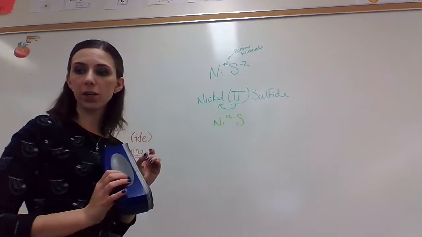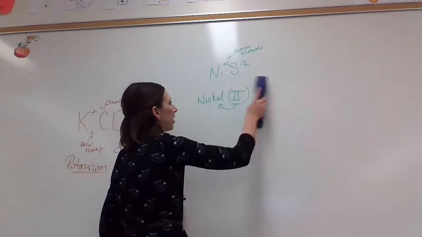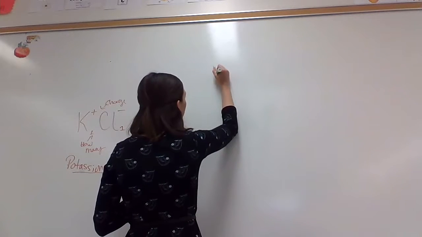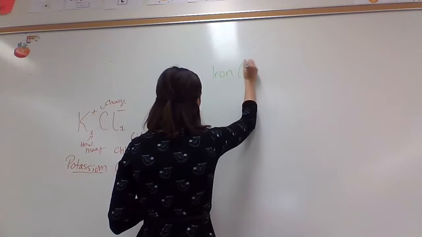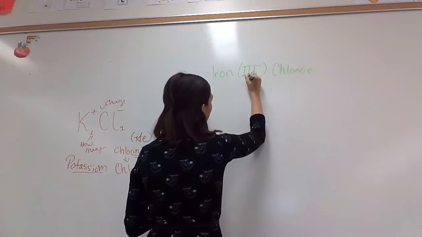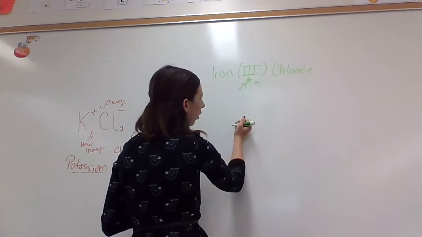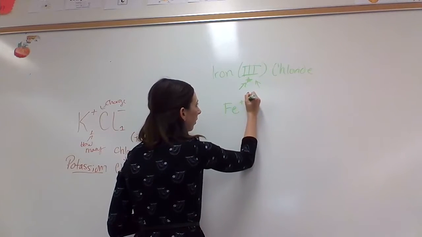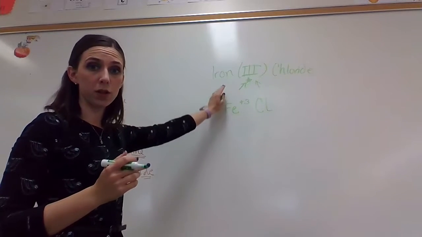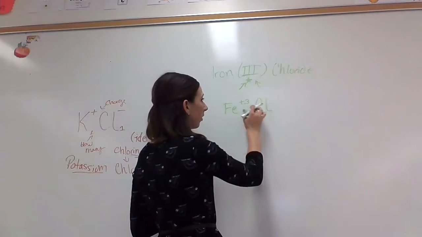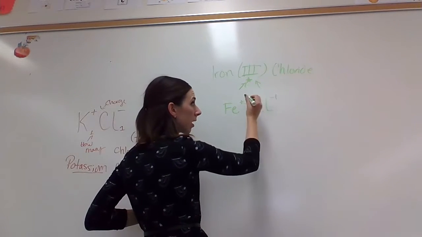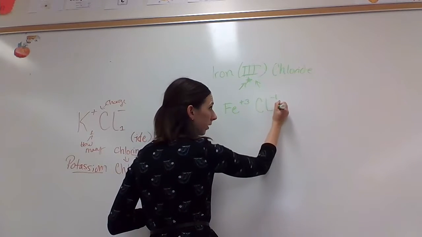One last one we're going to do is iron(III) chloride. So you'd say, okay, how do I write iron(III) chloride? I have iron. I have a III, chloride. I have my Roman numerals again. That's telling me the charge. So if I'm given iron(III) chloride, and it wants me to figure out and write out the equation. So you get the name, you have to write the equation. Iron(III) chloride, chloride's a -1. If you have 3 irons, you have 3 -1s. So that's where you go from 3 down to here.